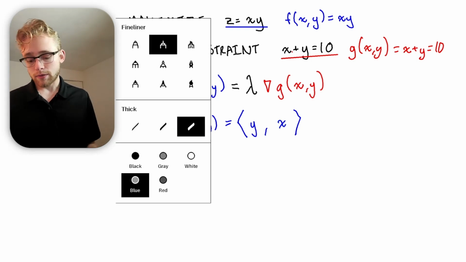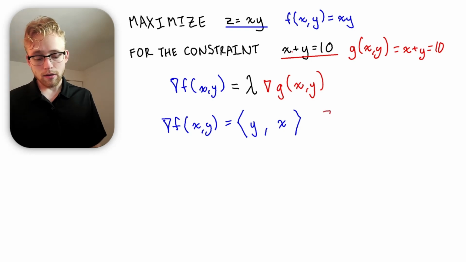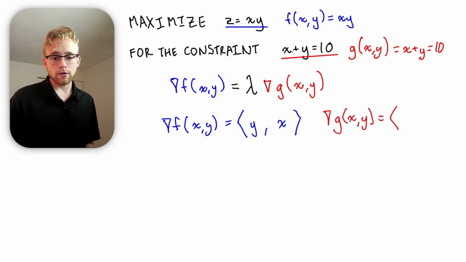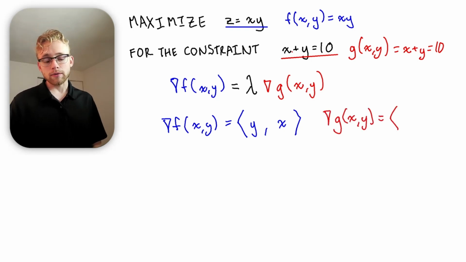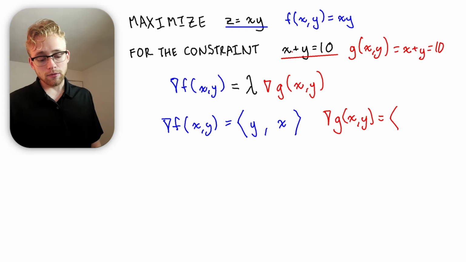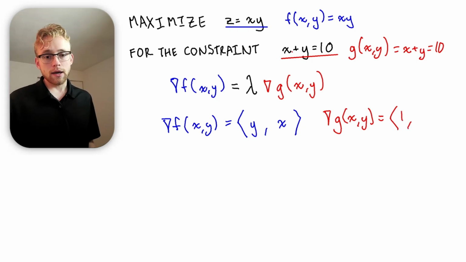Now let's figure out the gradient of g. That's also a vector, and its components are partial derivatives of their respective variables as well. The first is the partial derivative with respect to x, which is just 1 in this case. The second is the partial derivative with respect to y, which is also just 1.